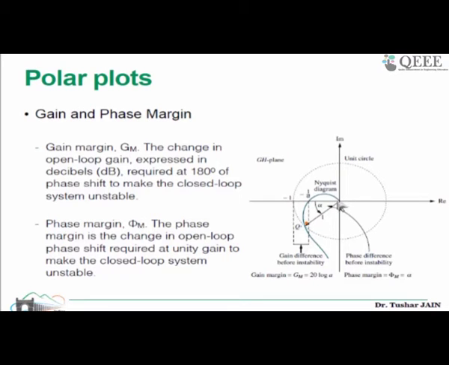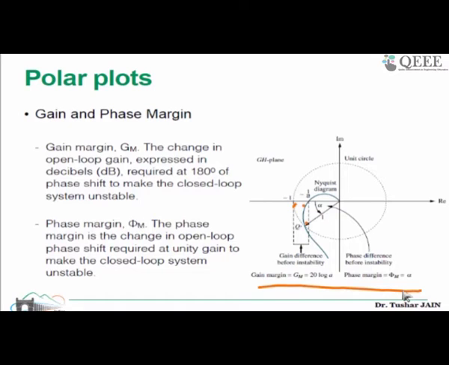Now you see that this plot crosses the real axis. The point at which it crosses the real axis, let's say this minus 1 upon a, or let's say this minus a, this is the gain difference before the instability. You can increase the gain before the instability occurs, and the gain margin in that case is given by these two formulas.